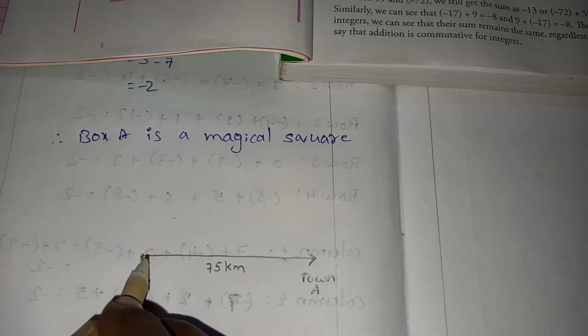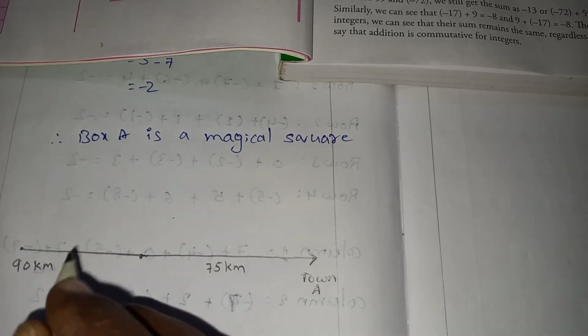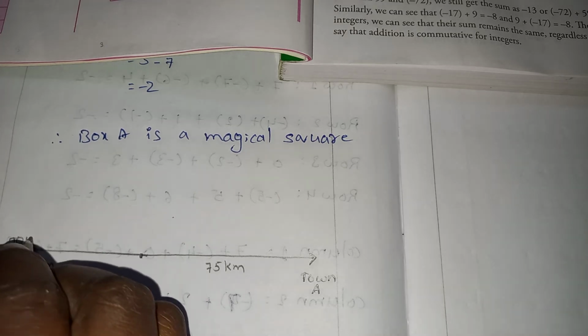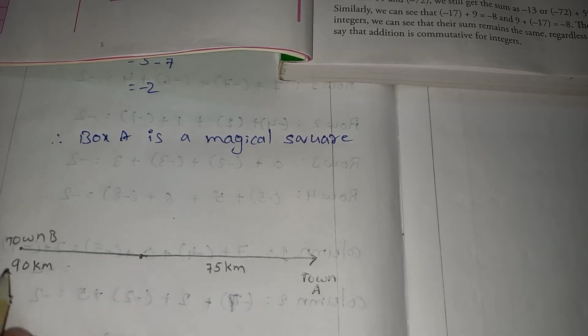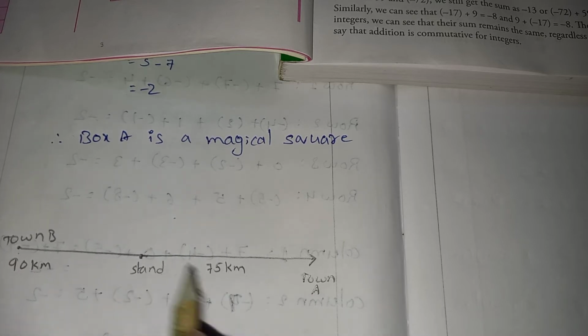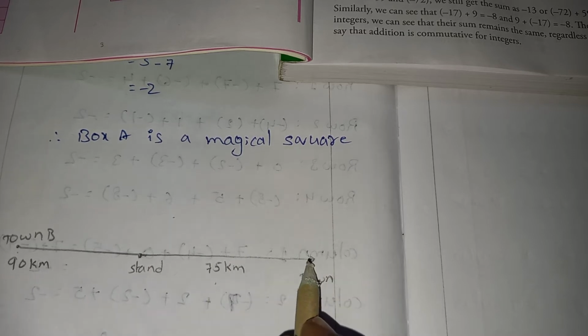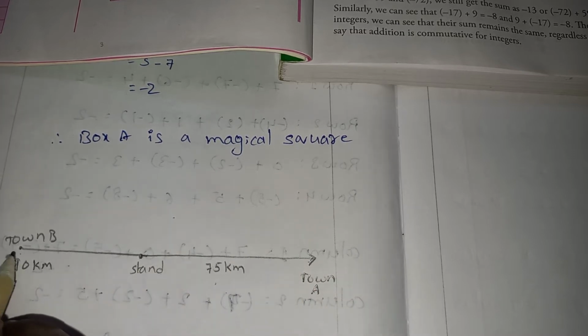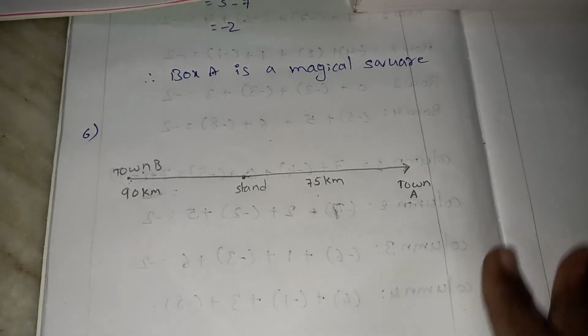And how much he travelled this time? 90 kilometers to reach town B. Okay, to reach town B, he covered 90 kilometers from A to B. From stand to town A, 75 kilometers, because he started from here and went one direction, reached town A, and the distance is 75 kilometers. From here again he started and he went 90 kilometers far to reach town B. Okay, now let us check the questions one by one.